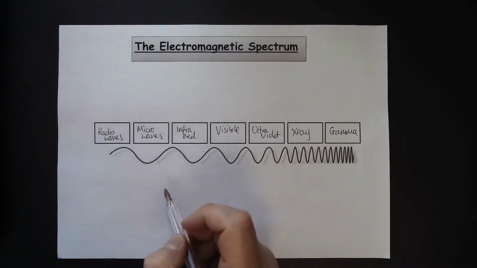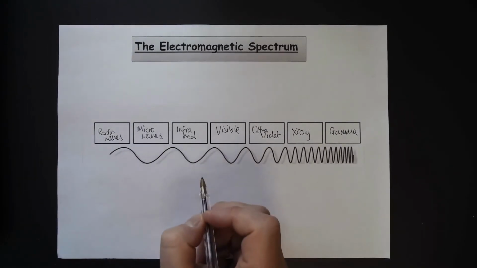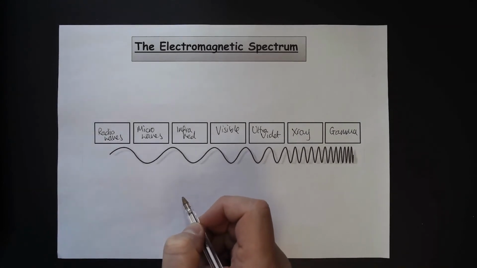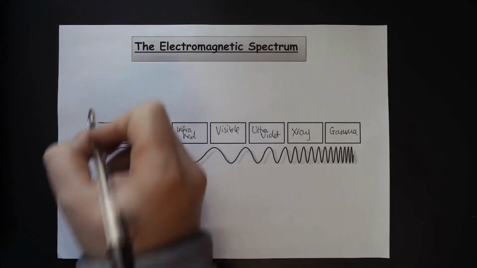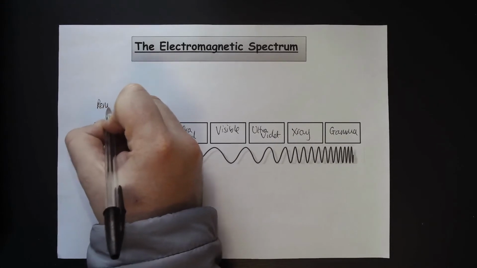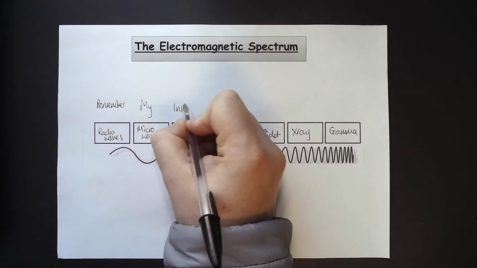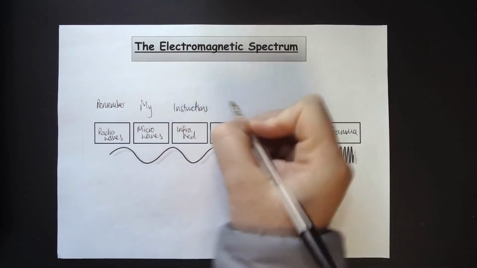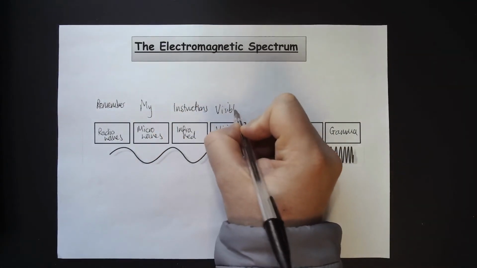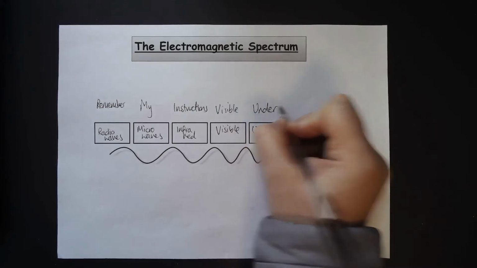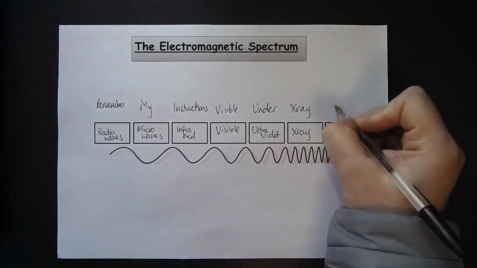Okay, now we need to know that order of electromagnetic waves in that sequence, and there's a mnemonic that we can use to help us remember that order. So it is: Remember My Instructions, Visible Under X-ray Glasses.